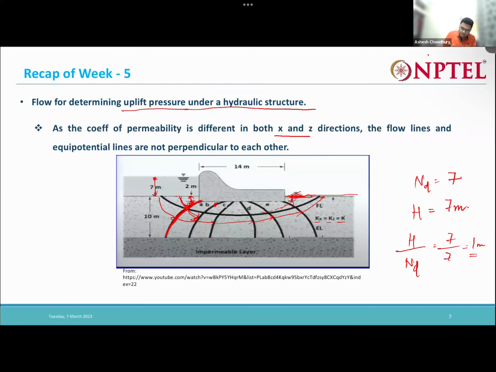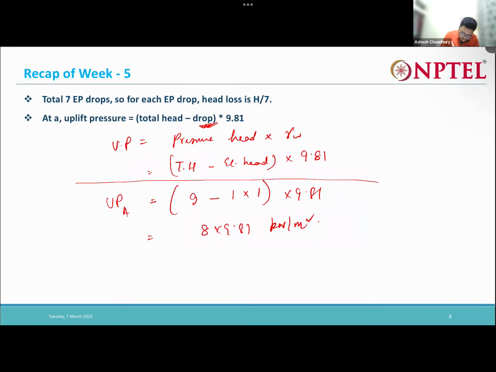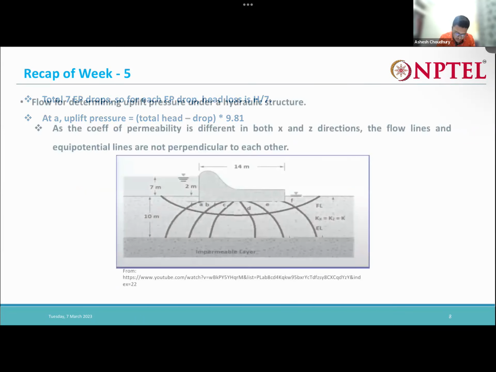So it is 9 minus 2 into 1. The total number of drops is 2, and the head lost in each drop is 1. So 2 into 1 into 9.81. Like this, we need to find out.